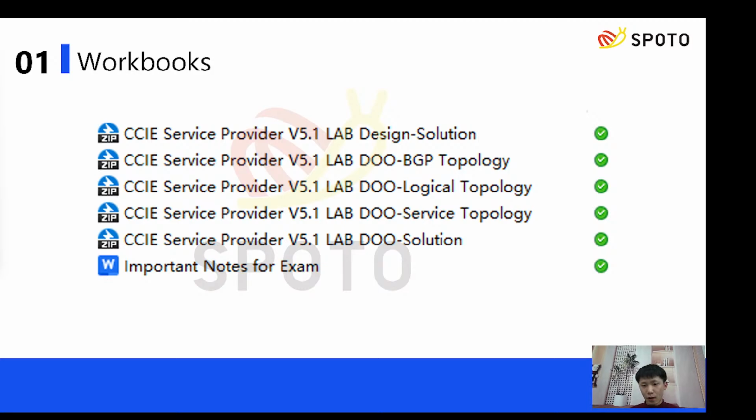There are 35 questions in the design part. And we will have a VCE server for you to practice. So actually this is a pretty easy part to master.